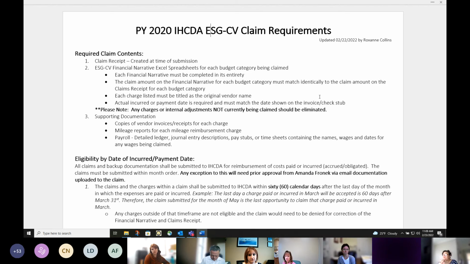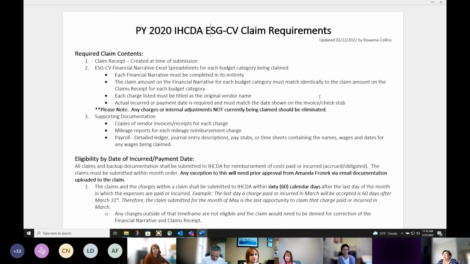If you're providing an invoice and it does not provide the payment date, you need to write that on there. Paid and the date that it was paid. We match that up with what you put on the narrative. Any charges or internal adjustments not currently being claimed should be eliminated altogether. If you're not claiming it, it should not be listed on that narrative at all.